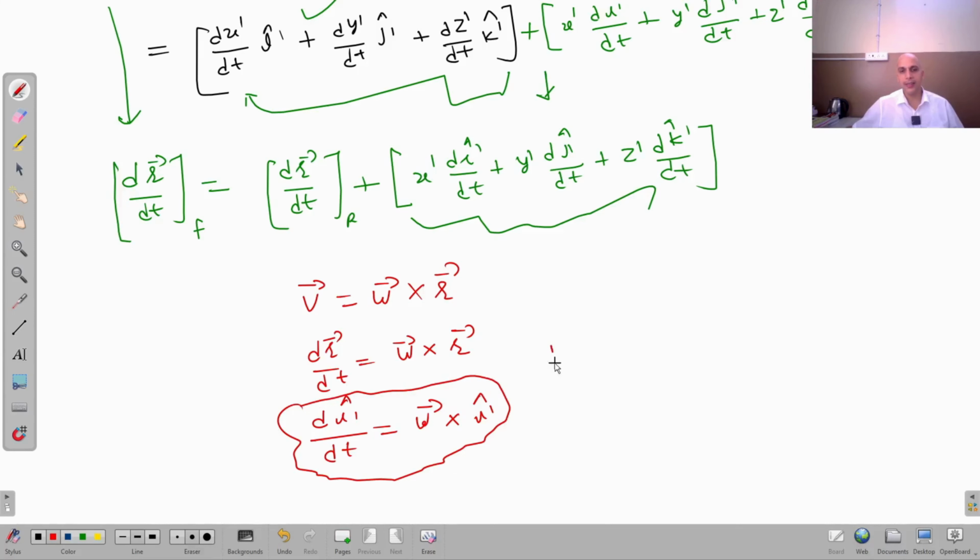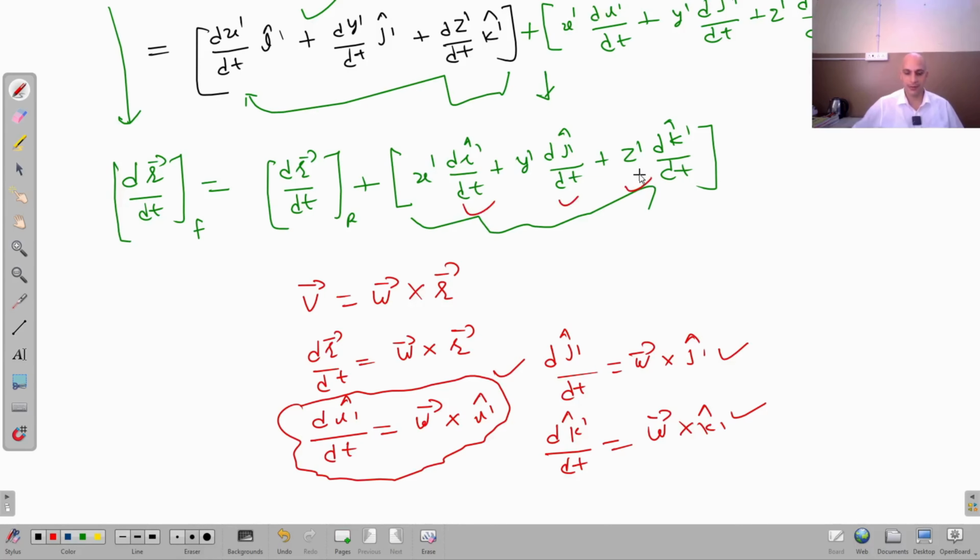I can get dj dash upon dt is equal to omega cross j dash. Similarly, dk dash upon dt is equal to omega cross k dash, unit vector. So I got 1, 2 and 3. These three terms I am going to put here in this equation.